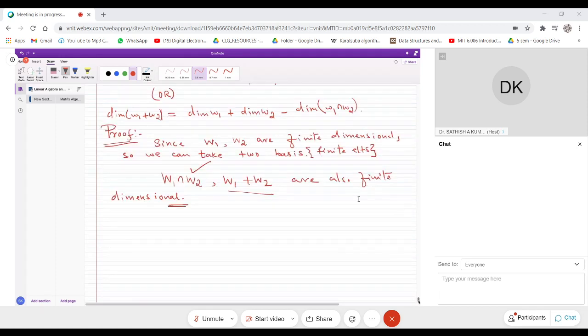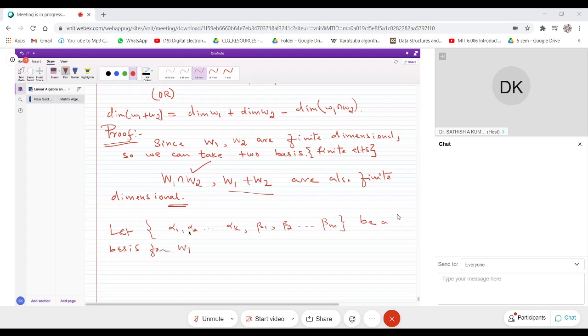Now we'll take two bases, one for W1 and the other for W2. Let alpha 1, alpha 2 to alpha k, and beta 1, beta 2 to beta m, be a basis for W1.